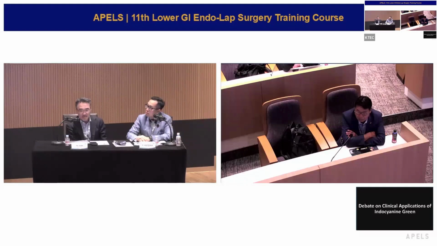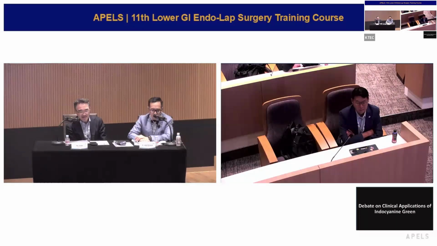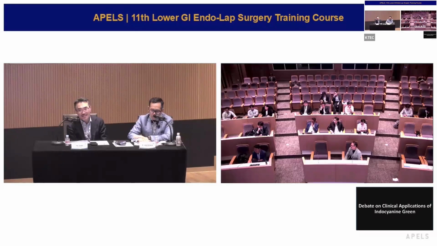The marginal arteries always exist. However, the splenic flexure or the sigmoid omega loop is far away from the marginal artery, and sometimes we misunderstand. There's a disconnecting point of the marginal arteries between them.